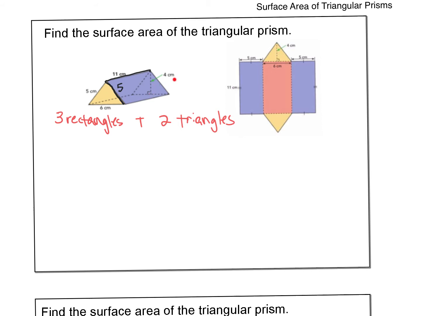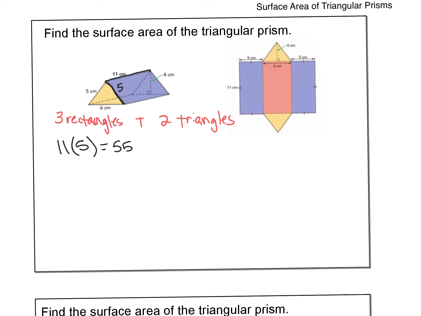So we're not going to use this 4 to help us find the area of this rectangle. We might use it when we get to the triangle part. Okay, so this first purple rectangle is an 11 by 5 rectangle. So 11 times 5 is going to give us 55.